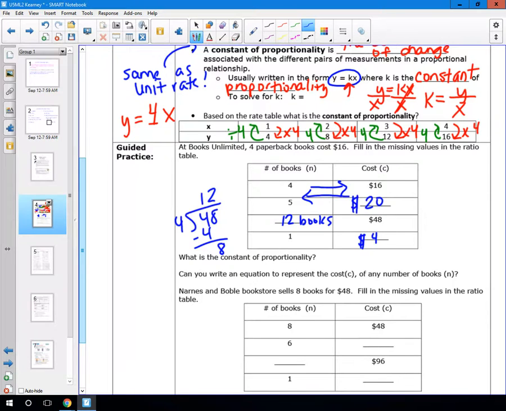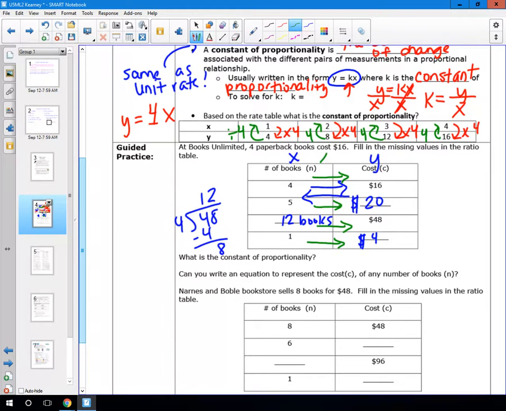Let's keep going. Now it says, what is the constant of proportionality? Gosh, that word. What did we say that was? Well, let's look back at the top. It said the constant of proportionality is what you are multiplying x by to get y. So let's say this is my x and this is my y. What were you multiplying your x by every time to get your y?